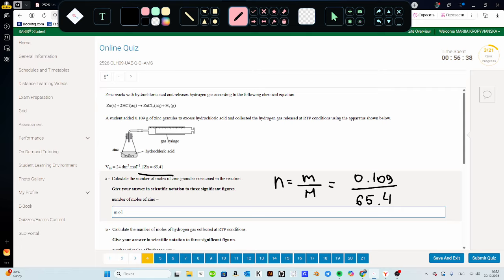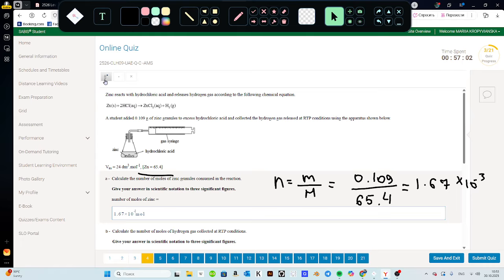It's given over here. If it's not, use the periodic table. So we're going to get 1.67 times 10 to the negative 3. You just do the math.